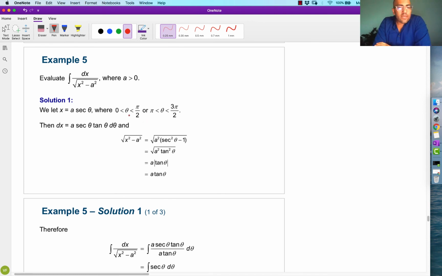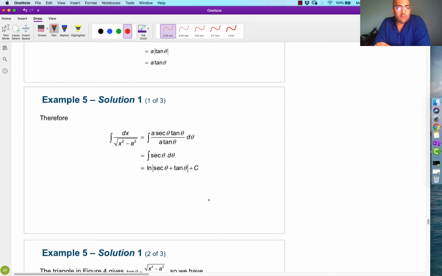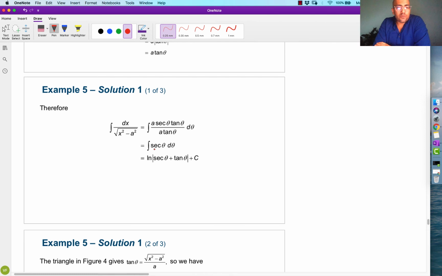So we restrict our theta to be between 0 and pi over 2 and pi and 3 pi over 2. Good. So we plug it in there. That simplifies the same thing. A tangent of theta, plug it into here. That also reduces to secant. Okay, it looks like the author just assumed that people knew that and just jumped to that. That's fine.